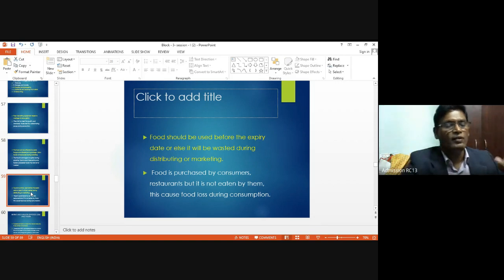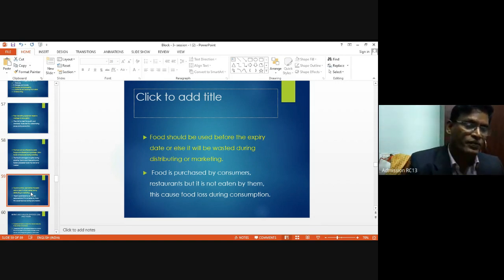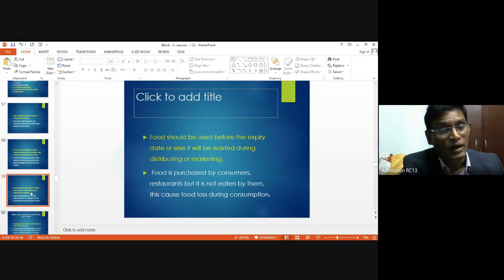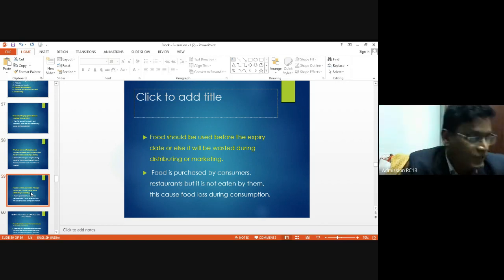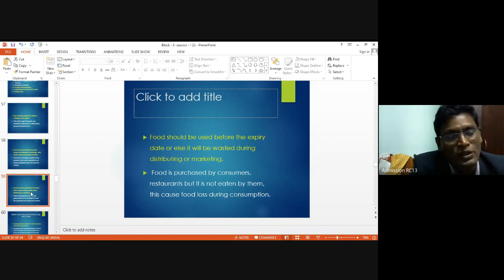Not only that, even at harvesting, preservation, handling, transportation, packing, and even at the sale point, if the food is not sold out, the reasonable time for which the food will be in good condition passes, the expiry happens, and that food is going to be waste. That also comes under food waste.